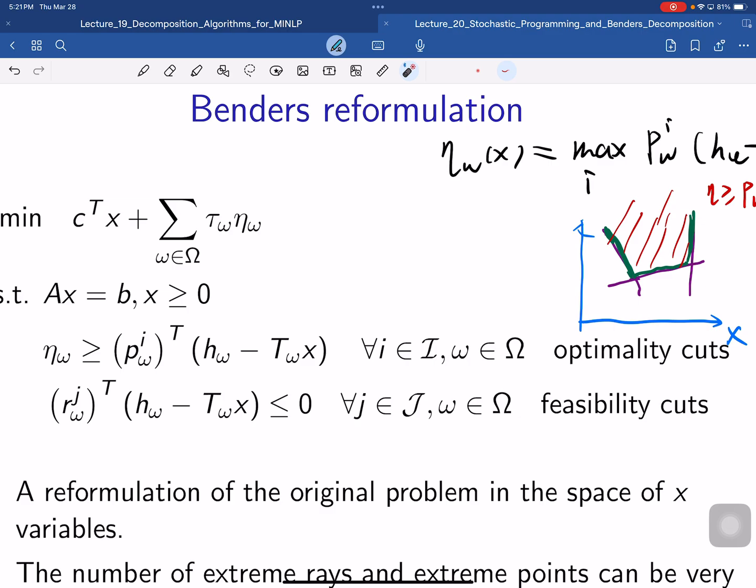If you have a maximization problem here, you cannot do the max over eta. The optimal solution will be unbounded in this case. That wouldn't work. So the reason is that this is a max over linear functions, and the objective is minimizing over eta. That's why it works. So be very careful here when you reformulate the max function, right?